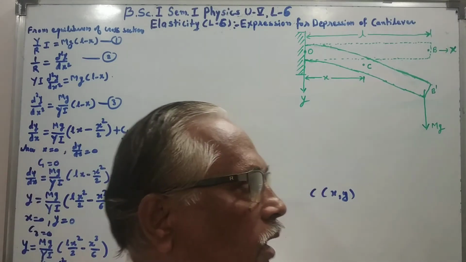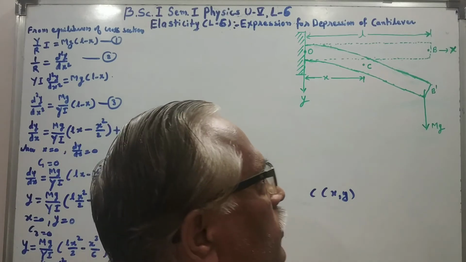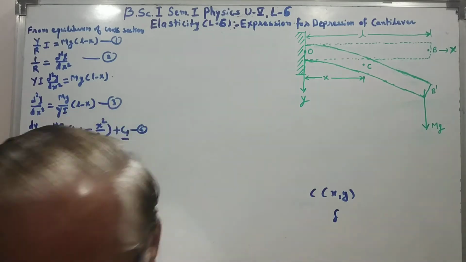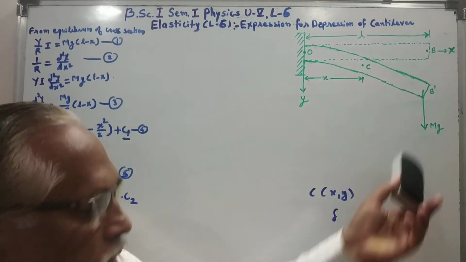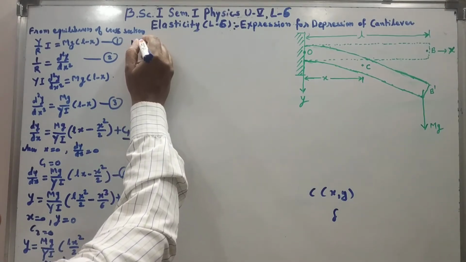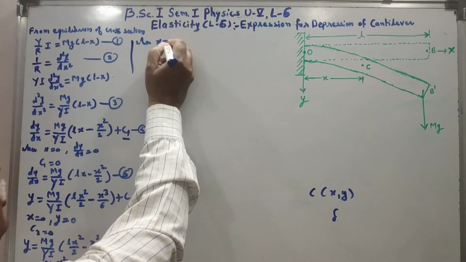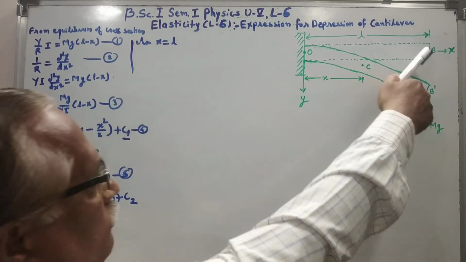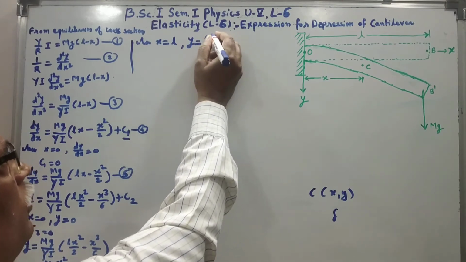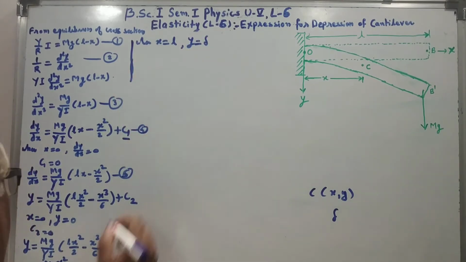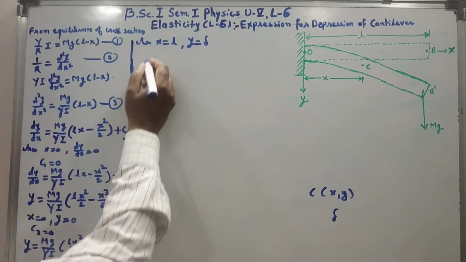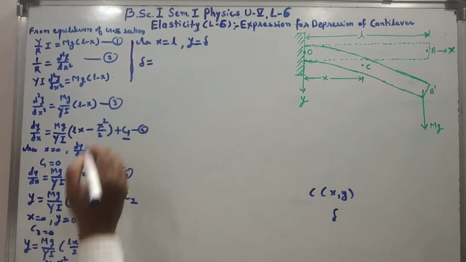Let delta represent the maximum depression of the beam at the loaded end B. If we put x equal to L in this equation, the small y will be maximum, that is y equal to delta.